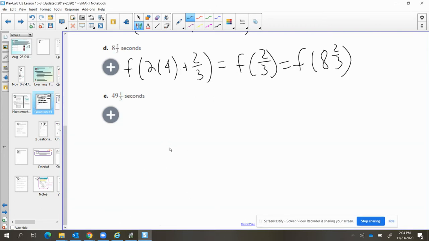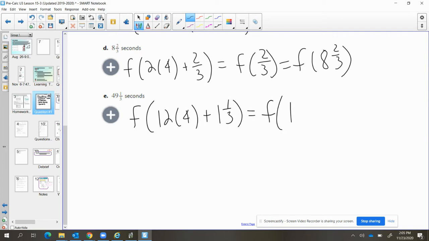Well, if she goes around every 4 seconds, she went around 12 full times. But then she also went 1 1/3 seconds beyond those full revolutions. So really, it's the same as it was at 1 1/3 seconds for the height of that paint splatter off the ground. So we've got the periodic nature of things just moving around, okay?